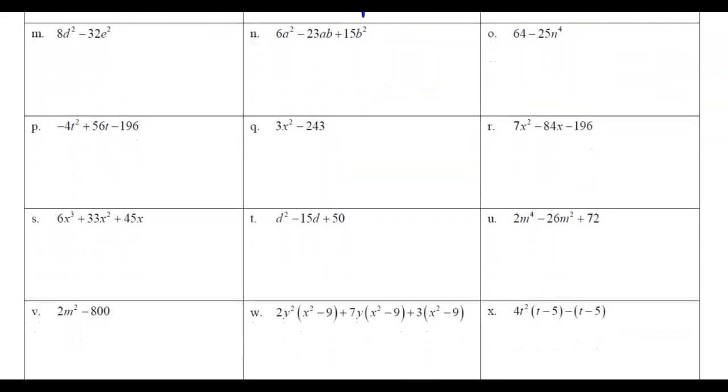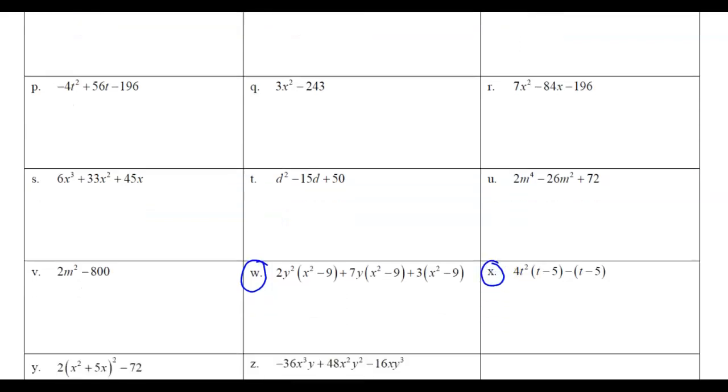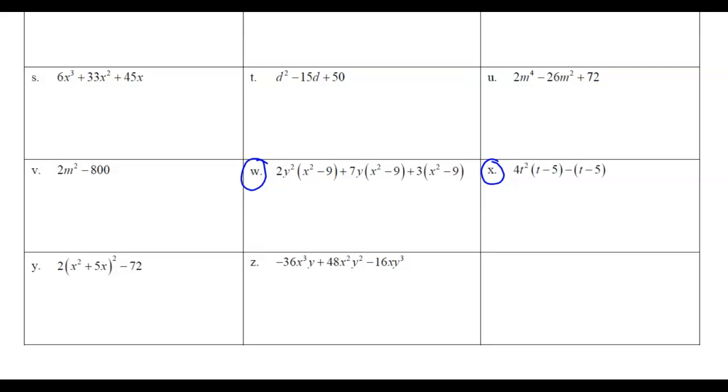Let's take a look at, let's go down here to W. That's a big one. W and X. Okay, so kind of like the one we did in the lesson part of this, the brackets are exactly the same.